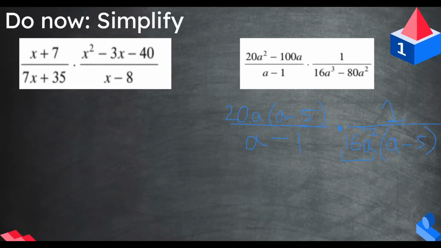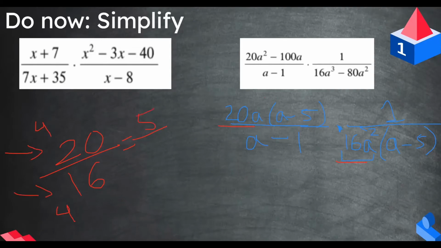Well, let's look. 20a, I do not have the exact number 20 anywhere, but I can see that 20 and 16 have common factors. 20 divided by 16 actually gives you what? 4 is the greatest common factor for both of them. So if you divide the top by 4, and the bottom by 4, you should be left with 5/4.